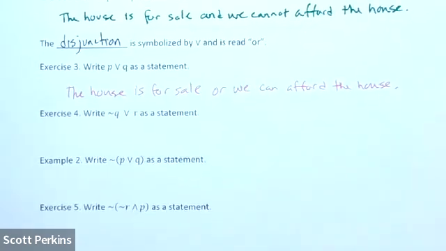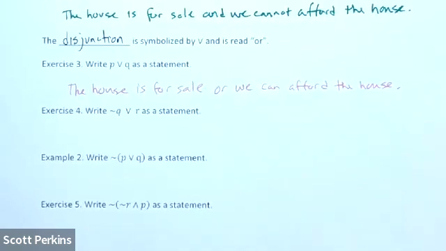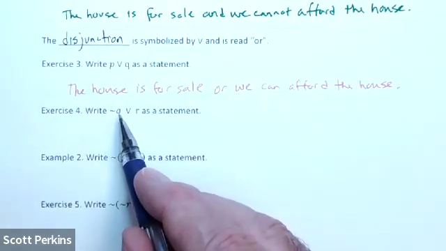I do the next one. Squiggly Q, disjunction R. All right, we saw this earlier, the squiggly Q. Statement Q is we can afford the house.